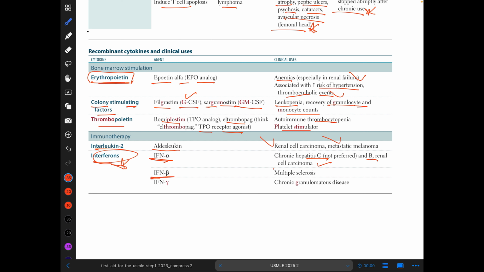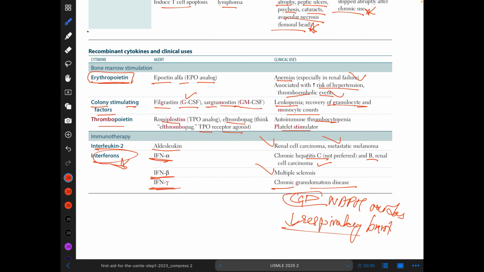Interferon beta is given to multiple sclerosis patients, and gamma is given to chronic granulomatous disease, CGD, in which there is decreased NADPH oxidase and decreased respiratory burst, and recurrent infection can be caused. Catalase positive bacteria can cause recurrent infection.